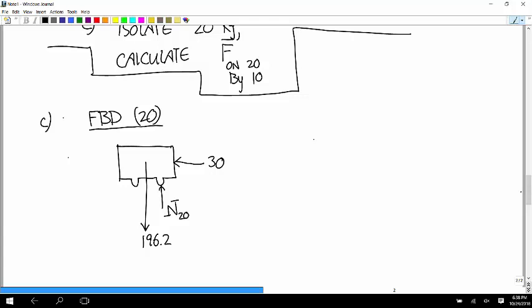So that force is perpendicular to the surface of contact, so it's going to be horizontal, toward the chosen body, away from the contacting body, so it has to be to the right. And we don't know the magnitude of that force, so you just have to give it a variable name. The one that I usually use is a capital R for reaction force.